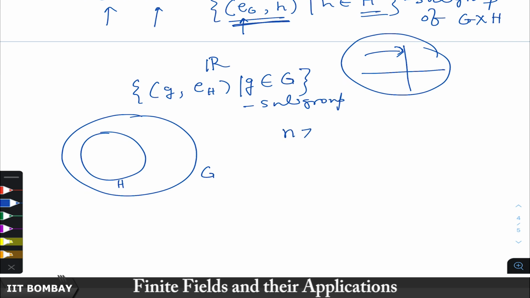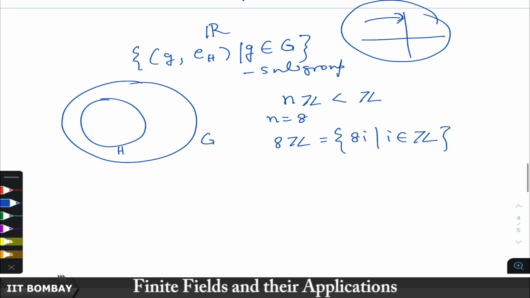Now, let us take the example of nZ to understand something. Particularly take, let us say n equal to 8, and so 8Z is the set of all multiples of 8, so 8i where i belongs to Z.